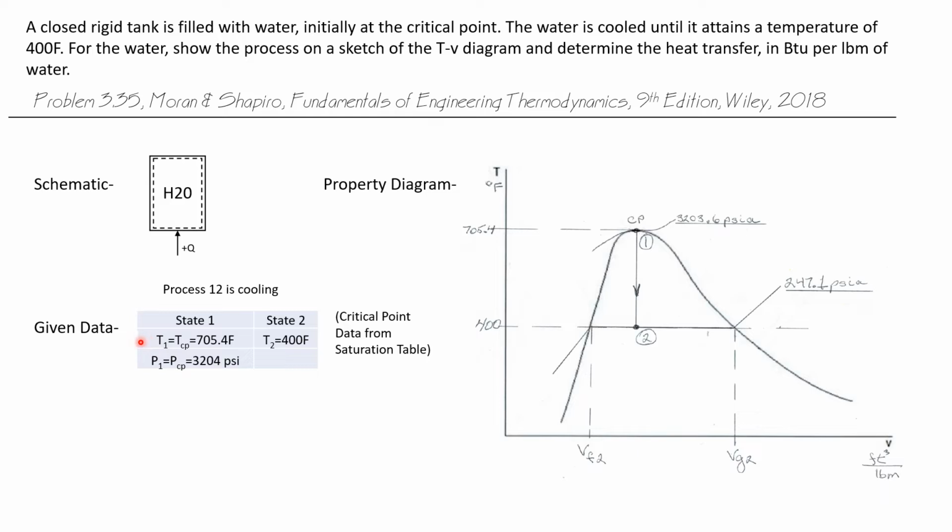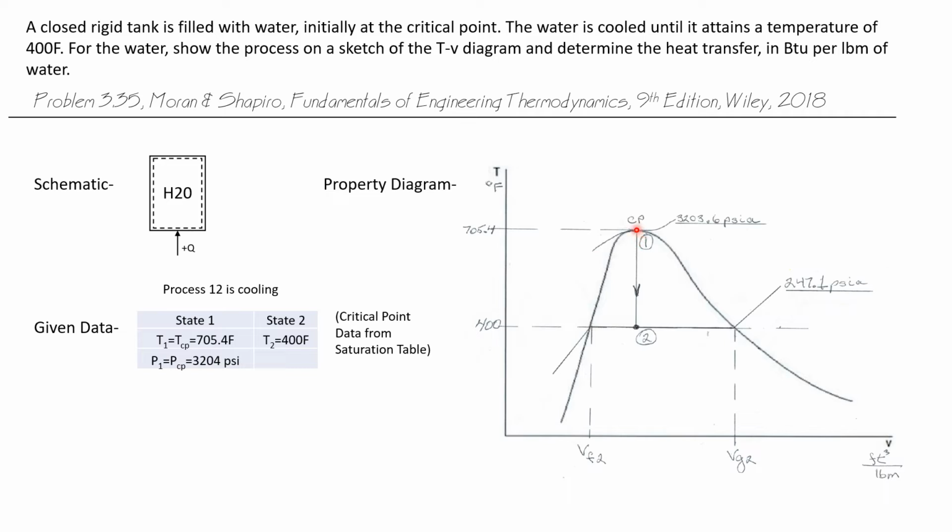So the temperature at state 1 is 705.4 degrees Fahrenheit, and the saturation pressure at the critical point is 3204 psi. And of course, state 2 was given as 400 degrees Fahrenheit.